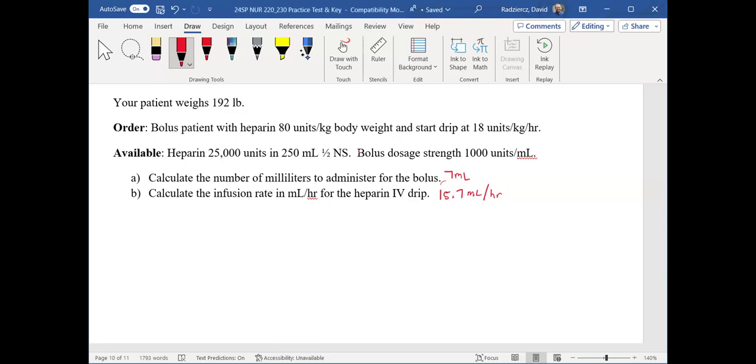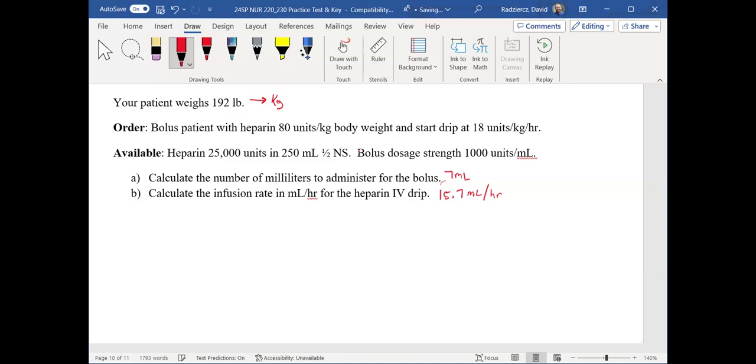Okay. So remember, with this question, all we're doing is taking the patient's weight and converting it to kilograms. Then for the bolus, you multiply by 80. Then you use the bolus dosage strength to convert units to milliliters, so you're dividing by 1,000.